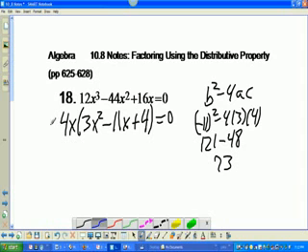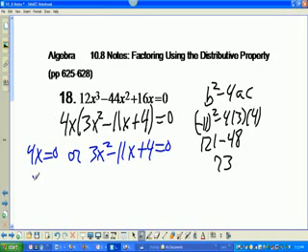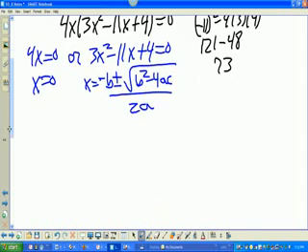Oh, we got to use our favorite formula. First off, I'm going to say 4x equals 0, or 3x squared minus 11x plus 4 equals 0. First case, x equals 0, pretty obvious. Second case, not so obvious since it doesn't factor. We got to go x equals negative b plus or minus the square root of b squared minus 4ac all over 2a.